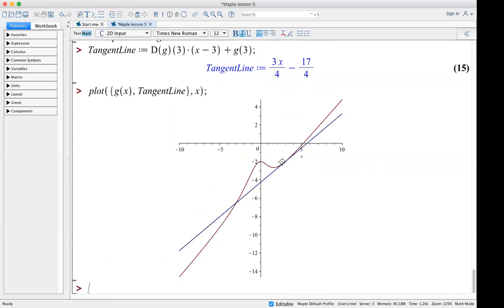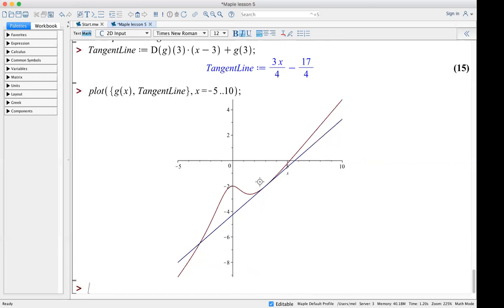So here's x equal 3, and you can see how nicely that blue line is tangent to the curve. Yeah, right there. Very nice. So the red is this curve, and right here is that tangent line. It's an extremely nice fit.